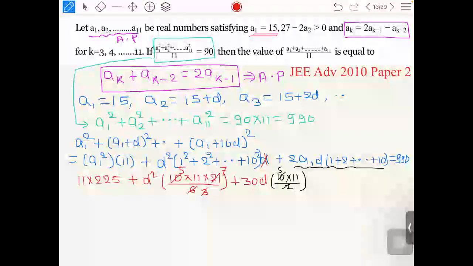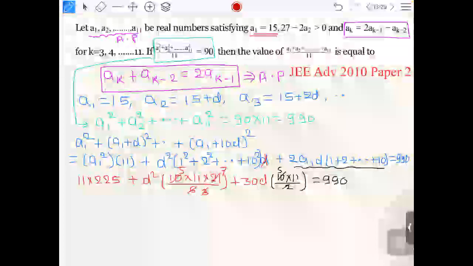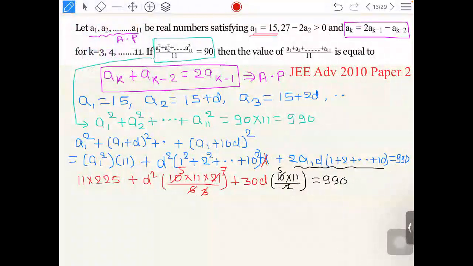Cancel it, 5. This is equal to 990. So throughout we can divide by 55.